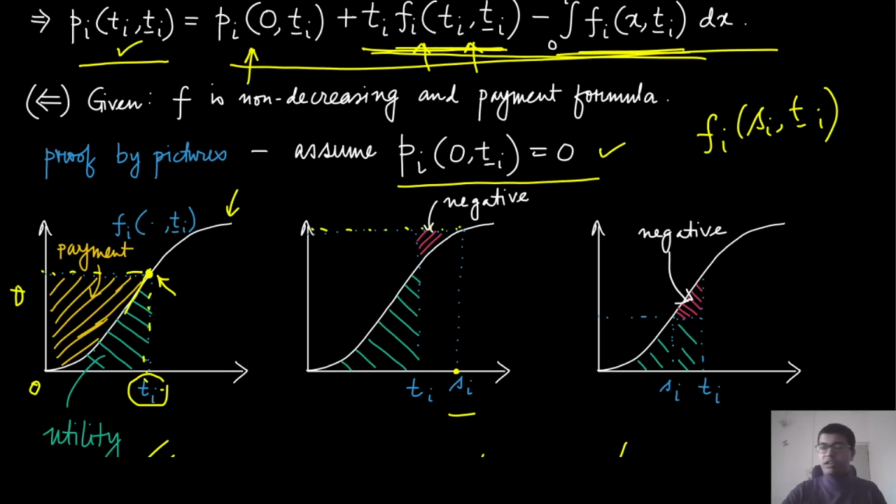So this value is going to be the allocation. Even before that, ti was the type of player i, and the allocation in the previous case was fi of ti. So the whole term here was the valuation, minus the payment. Therefore this green shaded region is actually the utility of player i. We are going to compare that with the two other cases.